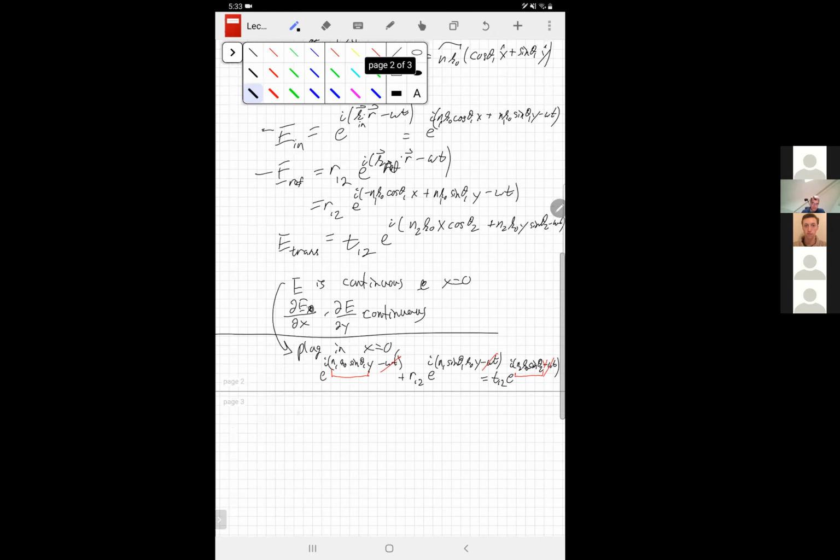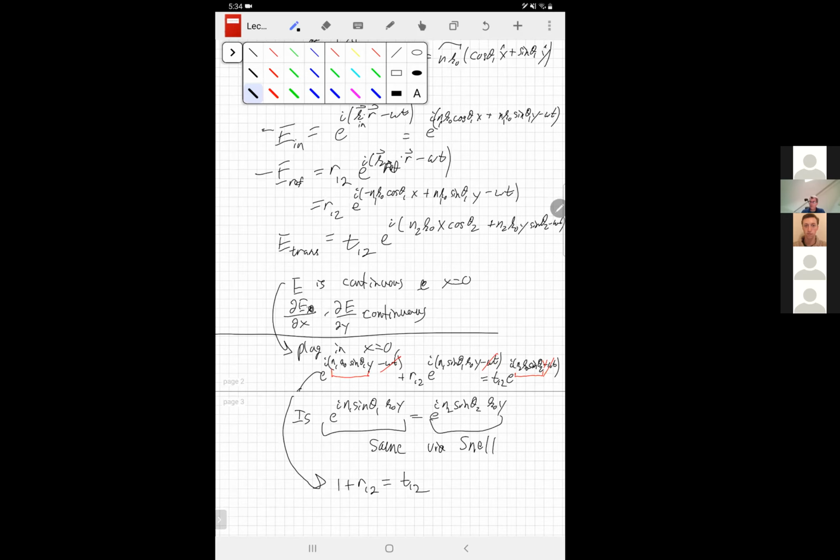Are they totally different? No, because of Snell's law. Yep, these are the same because of Snell. So in fact, all of this simplifies down to just 1 plus R12 equals T12.